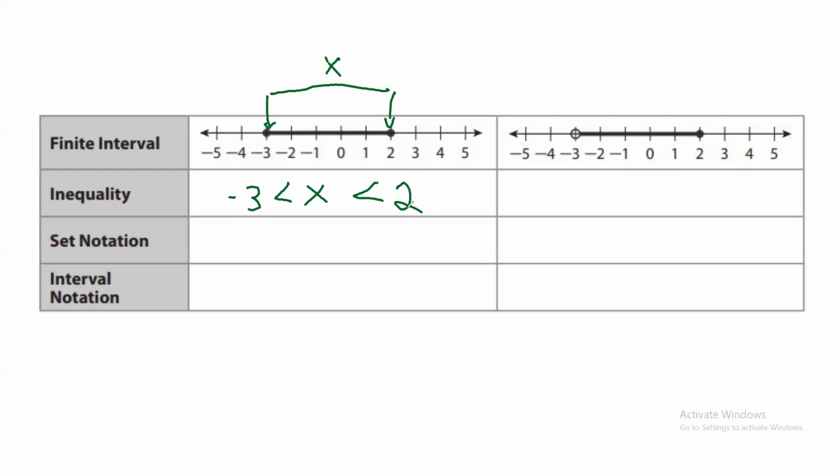Is this correct? 1 for yes, 2 for no. This is correct. This is the inequality that represents my finite interval. Raise it up high. 1 for yes, 2 for no. I see a 1 or 2. 2?